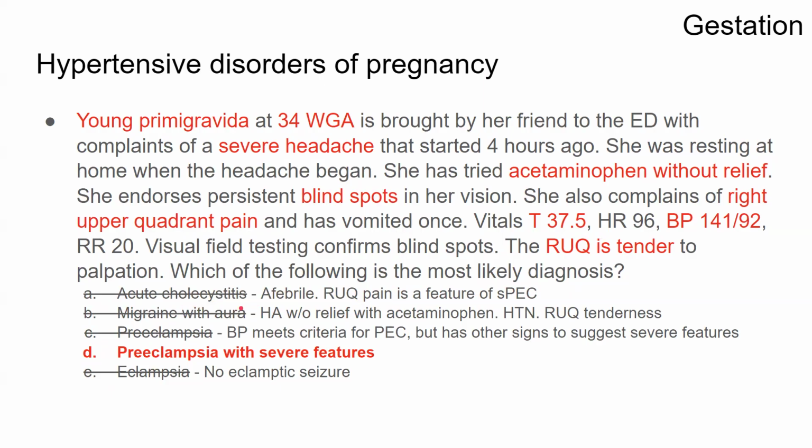One other thing I'll mention with right upper quadrant pain and cholecystitis, especially in a pregnant woman, is that when the uterus is growing, it displaces a lot of stuff in the abdominal cavity. So if a woman comes in with right upper quadrant pain, or right middle side tenderness or pain, and she's febrile, you also want to consider appendicitis, because the appendix is normally in the right lower quadrant, and that's where the pain happens.